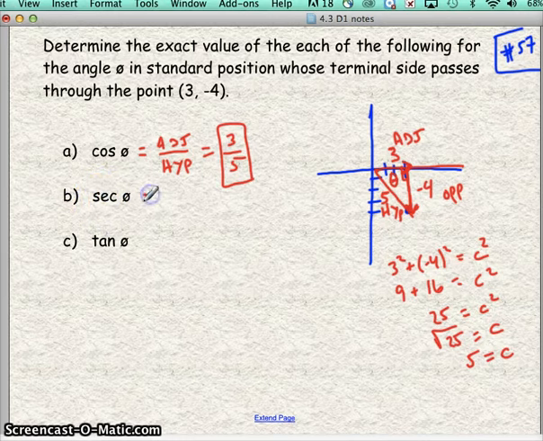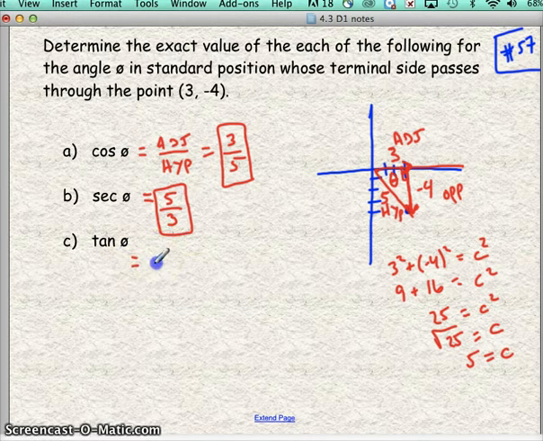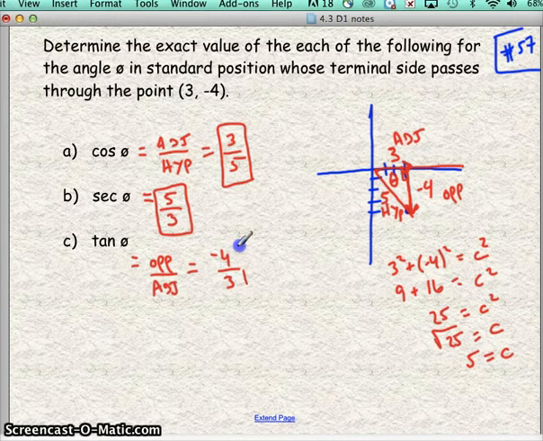So all we'd have to do is flip this fraction and get 5/3. And then the last one is tangent. Tangent is opposite over adjacent. So the opposite side of our angle is -4, and the adjacent side is 3, so -4/3.